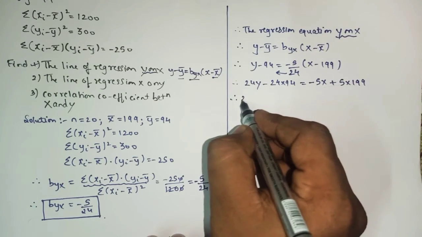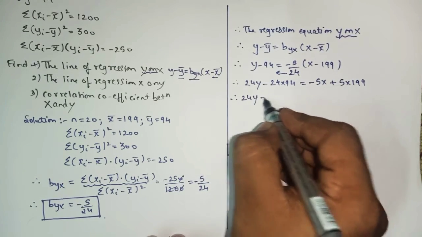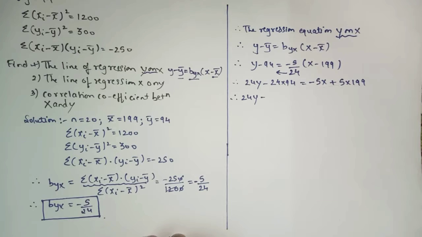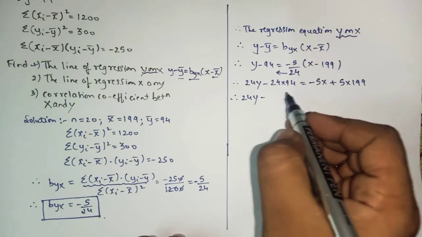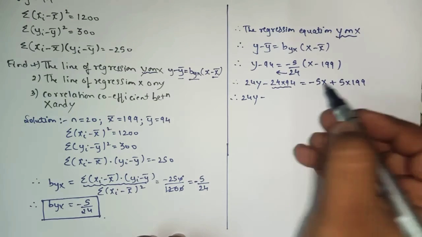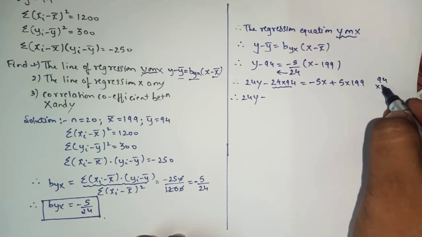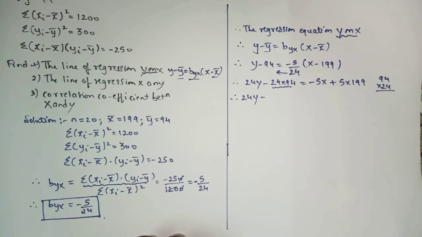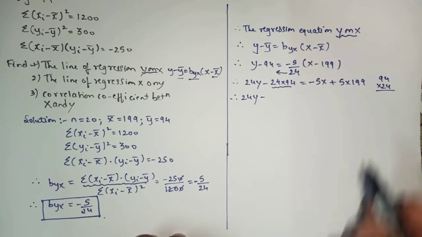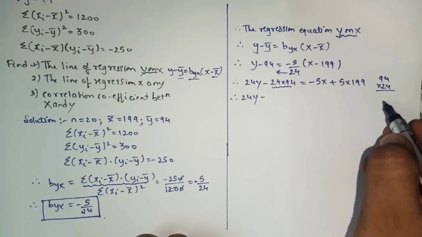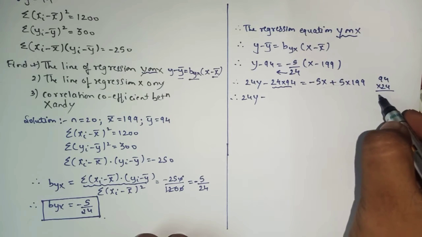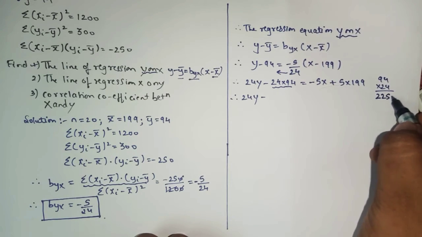So therefore 24y minus, when you multiply 94 into 24, you will get the answer 2256.